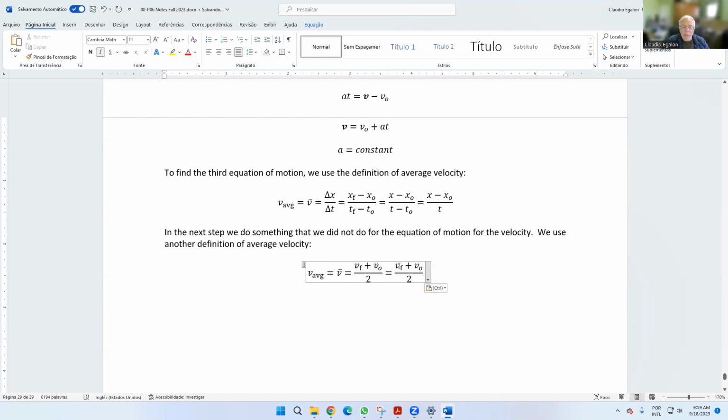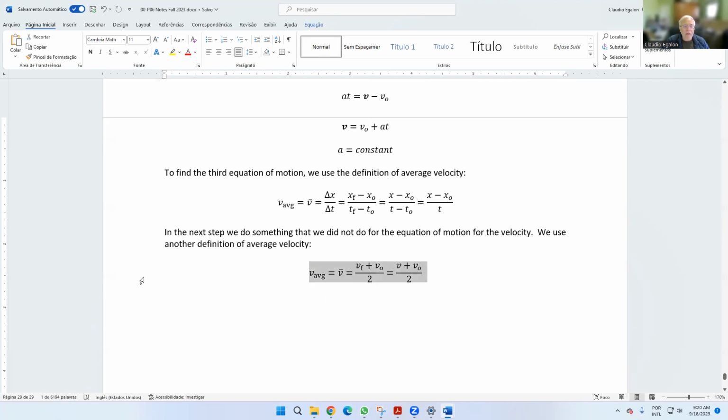Dropping the subscript F, we end up with something like that. Recall that we don't want to find the average velocity. We don't want average velocity in our equation. We want the final velocity or initial velocity in our equation.